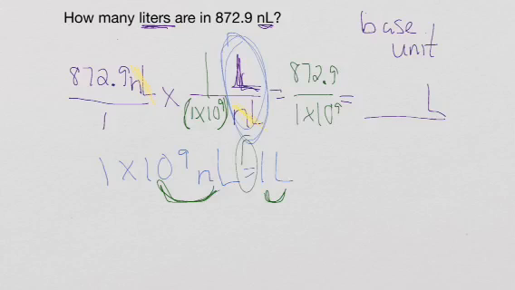So you're going to take 872.9 divided by 1 exponent 9. Now for some of you that'll be divided by parenthesis 1 exponent 9 parenthesis equals. And I think that comes out to 8.72 times 10 to the negative 7. I say I think because I did it in my head, but that's what I'm getting. So that's my answer.